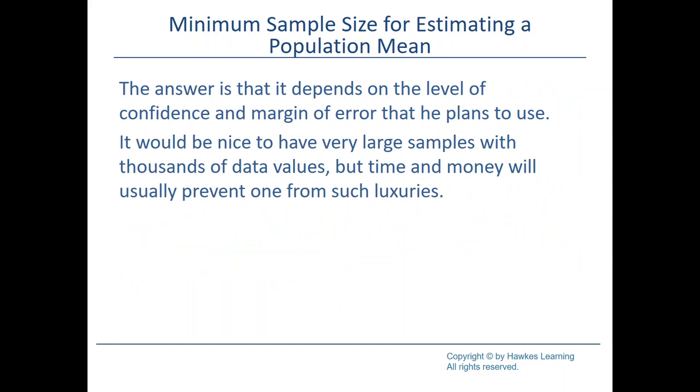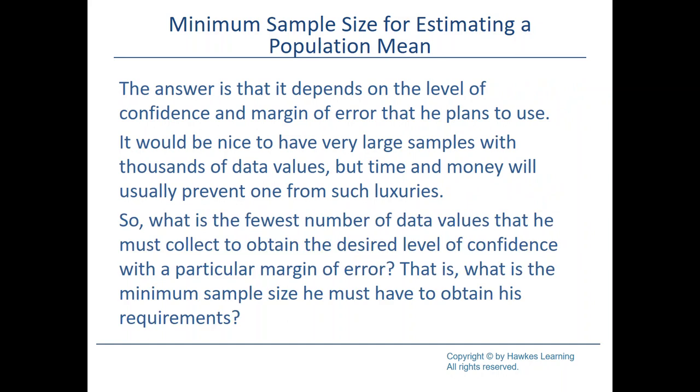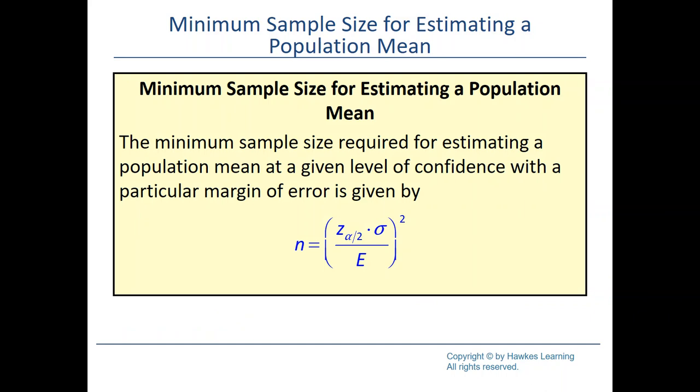So what is the fewest number of data values you must collect to achieve a desired level of confidence within a particular margin of error? A lot of times this is the minimum sample size we need for our requirement. This is a formula we've already seen before, so it's not new, but it looks a little different in the way it's written. I want to bring your attention to where this formula comes from.